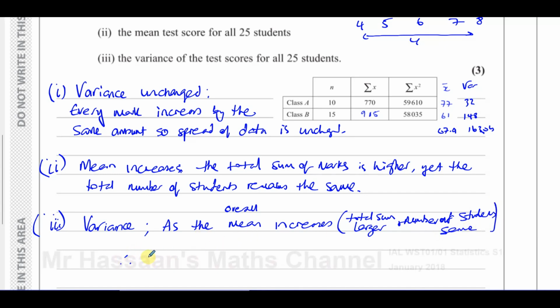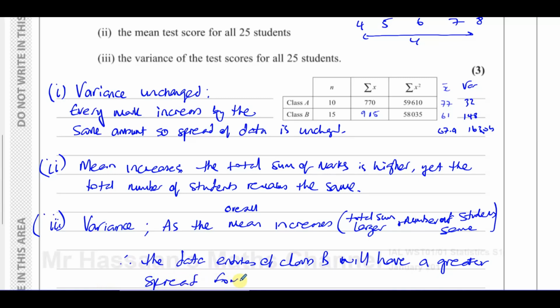Therefore, the data entries of set B, of class B, will have a greater spread from the new mean.